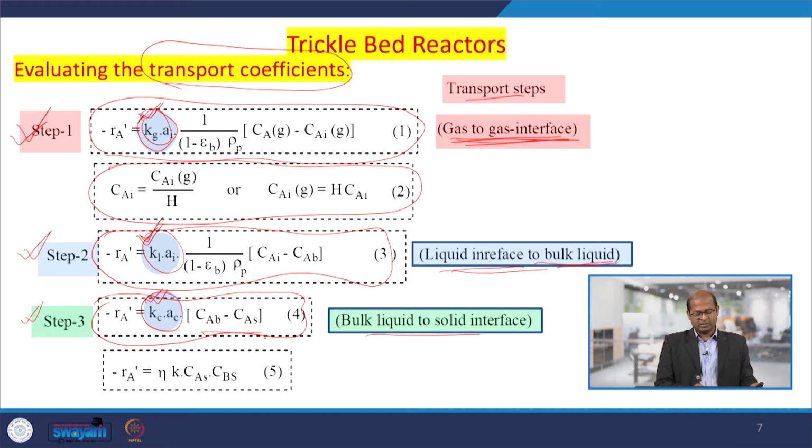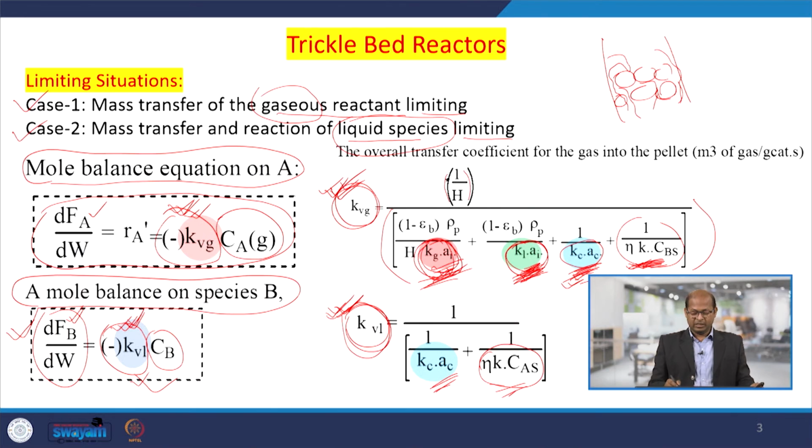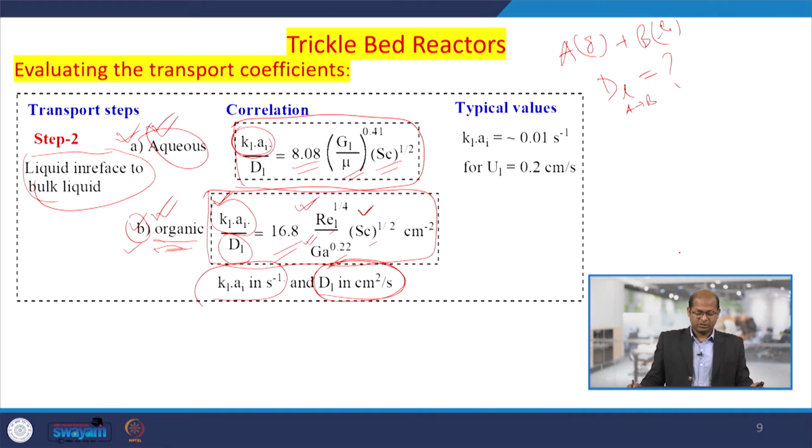Then these are the concentrations we can measure, and then the rate of disappearance of component A for this particular step we can find out. Similarly, the Kcac value we can substitute here. So, for the 3 components of the overall transfer coefficient, we have found this and this. Next is this. So, these are the 3 mass transfer coefficients we have found by using these correlations.